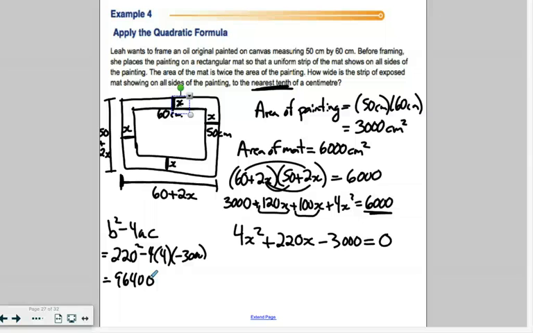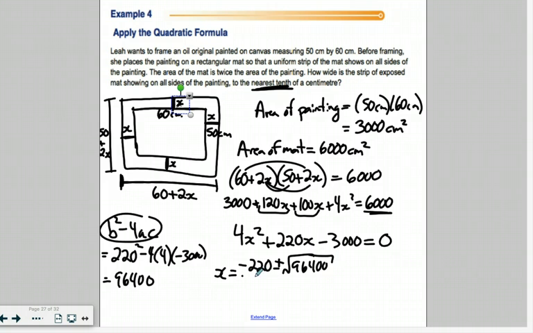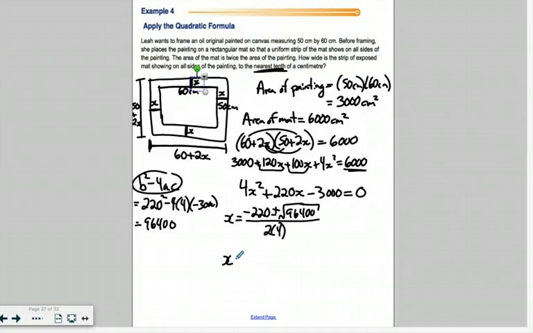Right? So then what I can do is just immediately go and solve for x. So x is going to equal negative b, so negative 220, plus or minus the square root of, and I've already calculated my value of my discriminant over here, 96,400, all over 2 times a, which is 4 here. All right?